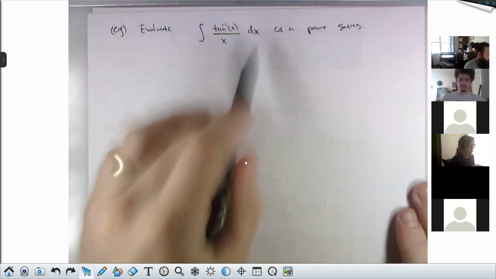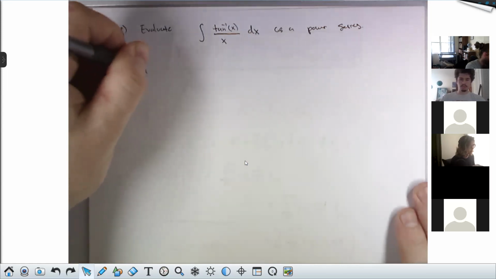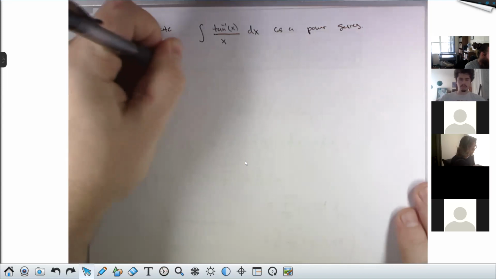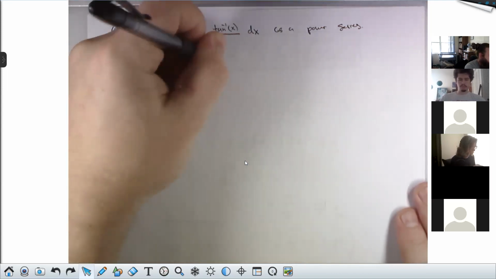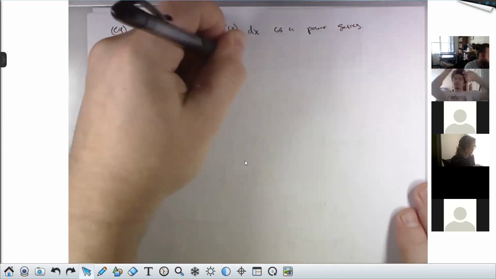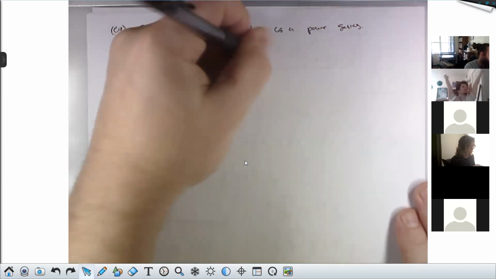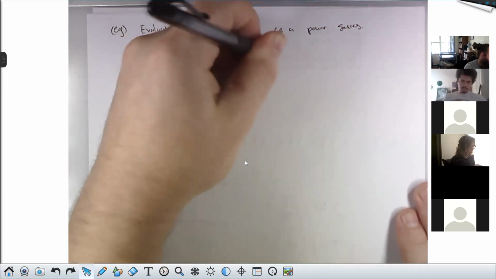So to solve this problem, we begin by saying, recall that the inverse tangent of x can be written as sigma n from 0 to infinity, -1 to the n over 2n plus 1 times x to the 2n plus 1.